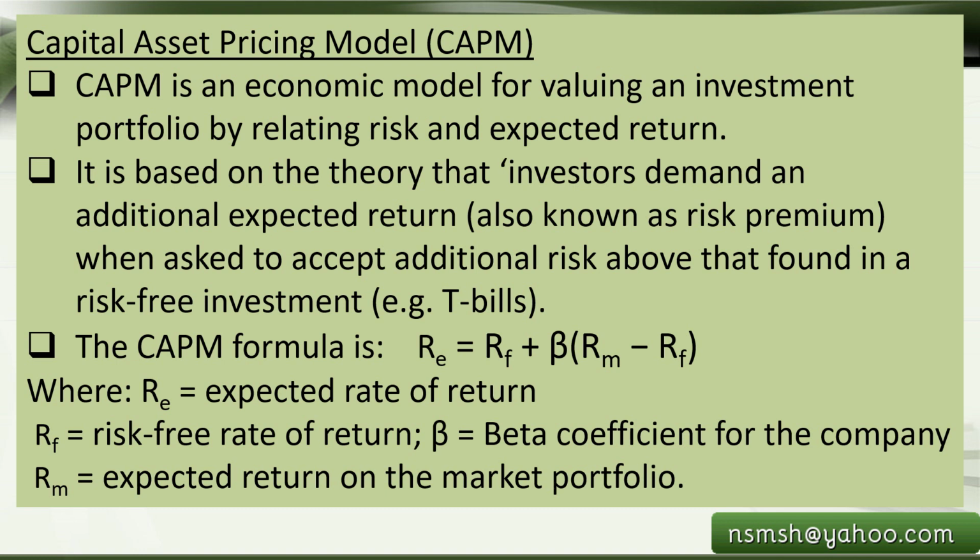For example, if they are at one particular return at a specified risk level and they take on a new additional risk level, they need additional return also. This is above that found in a risk-free investment.